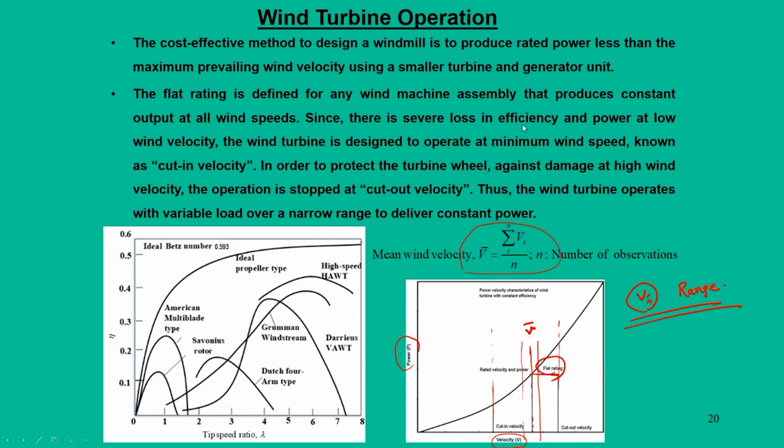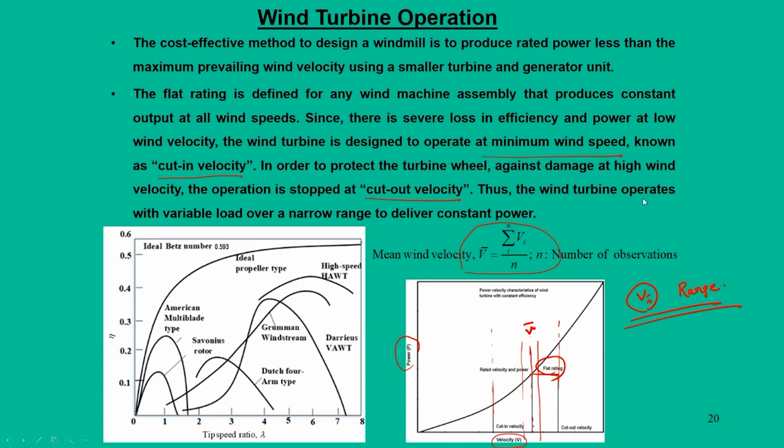Since there is a loss in efficiency and power at low velocity, the wind turbine is designed to operate at a minimum wind speed, which is known as the cut-in velocity. In order to protect the wind turbine wheel against damage at high wind velocity, we also put up an upper limit, which is called the cut-out velocity. Through this cut-in and cut-out velocity, we should be able to produce wind power continuously.